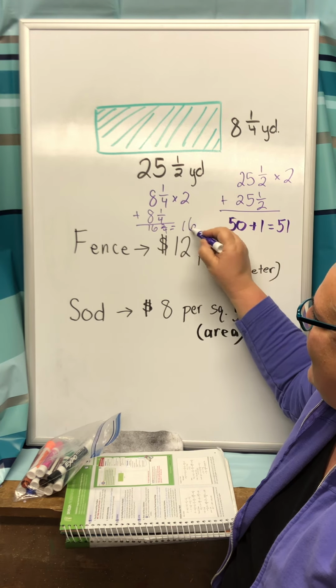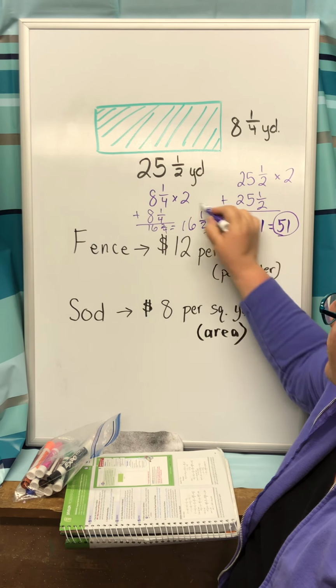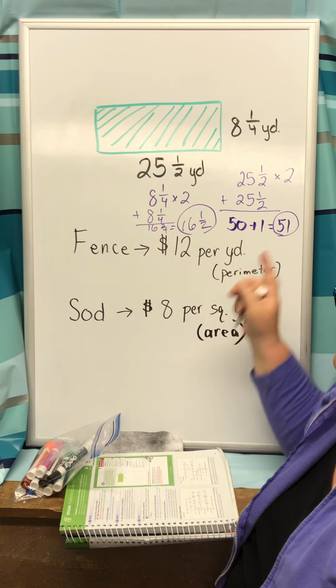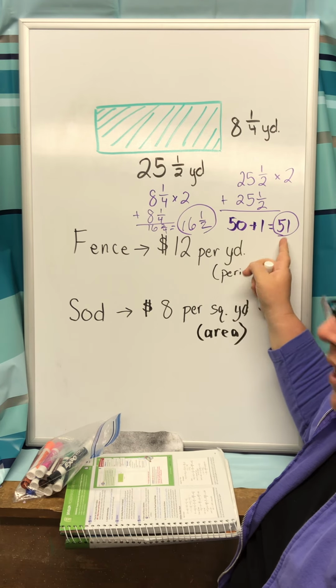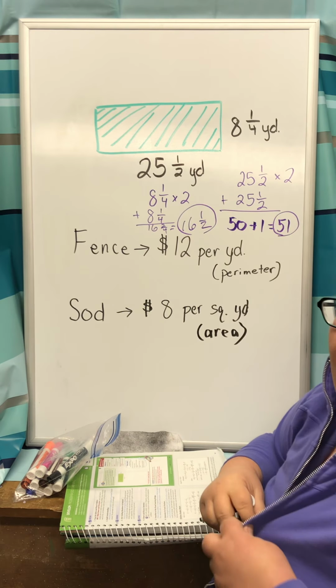So I have 16.5 and 51. So those are my 2 parts. So long sides, 25.5 and 25.5 gave me 51. Short sides, 8.25 and 8.25 gave me 16.5.